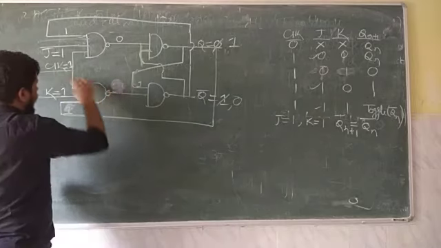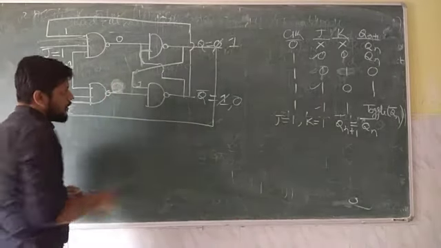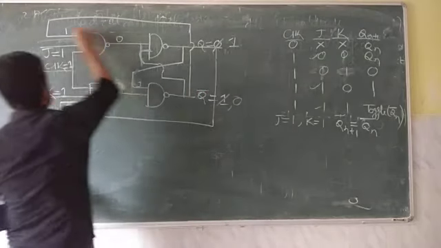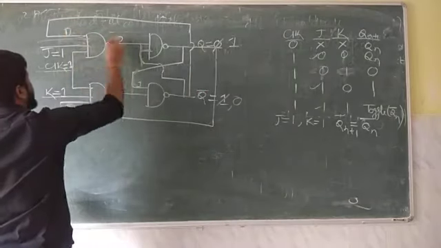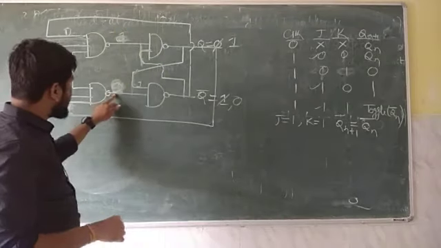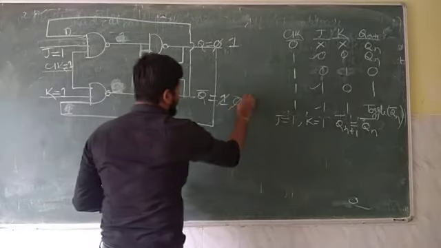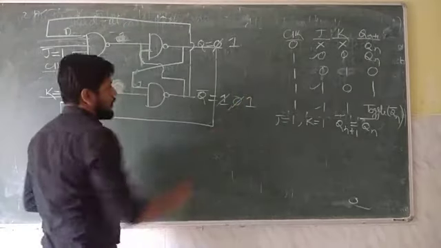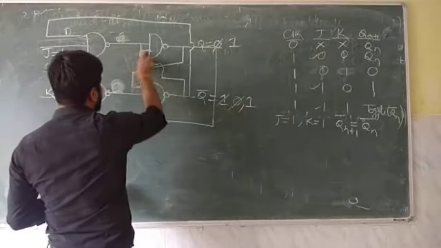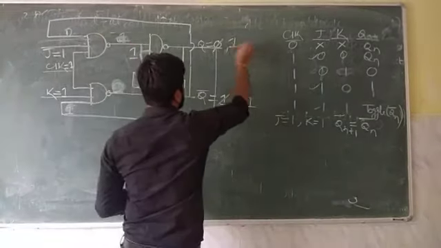Now all the inputs applied are 1, so the output will be 0. But this Q bar equal to 0 goes here. So with 0 1 1, the moment one input is 0, the output will be 1. The output is no more 0, it will be 1, and this is connected here, so both inputs are 1 and the output will be 0.